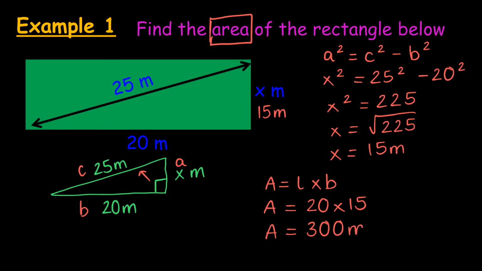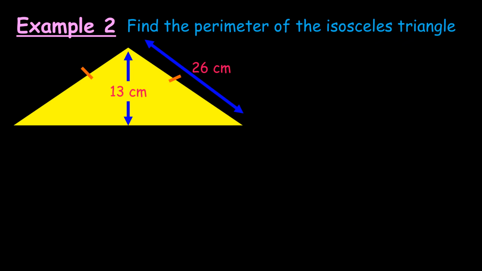And remember, our units for area are square metres, and that's your answer. So always make sure with these questions that even though it's a Pythagoras question, you're actually answering the question. Don't just do Pythagoras and then leave it at that. Actually answer the question that you're being asked.